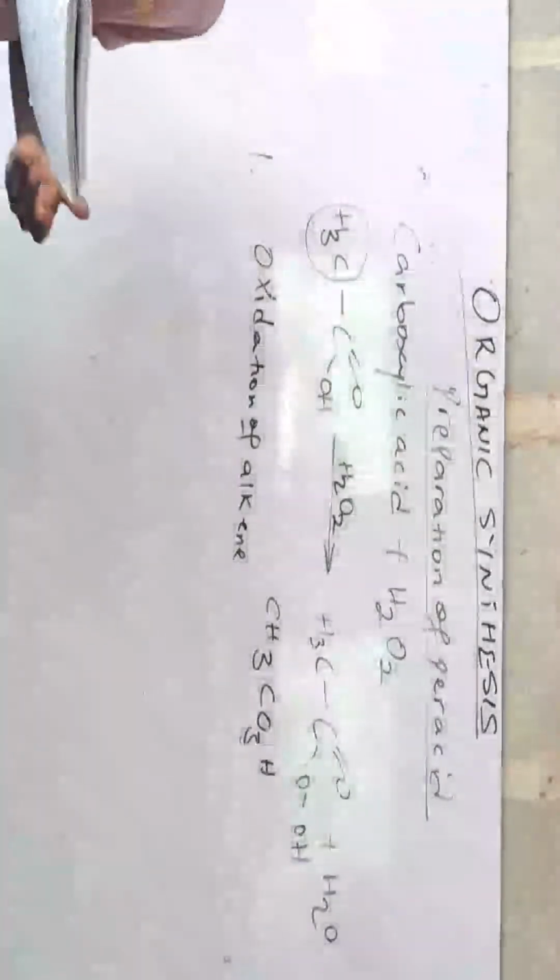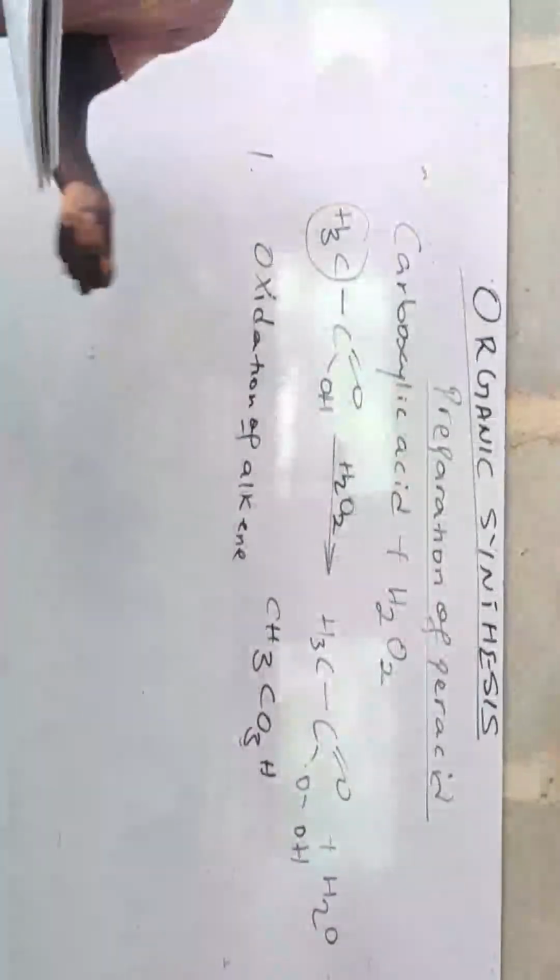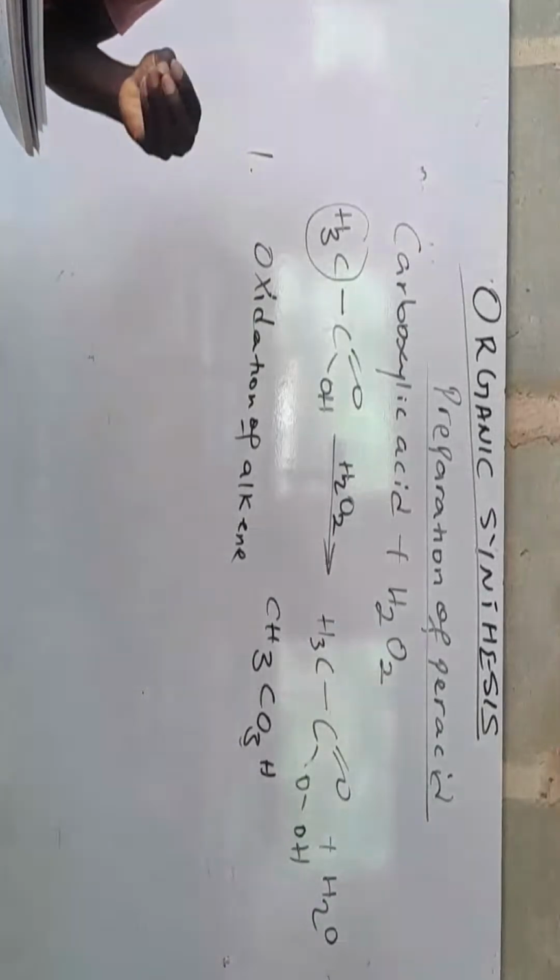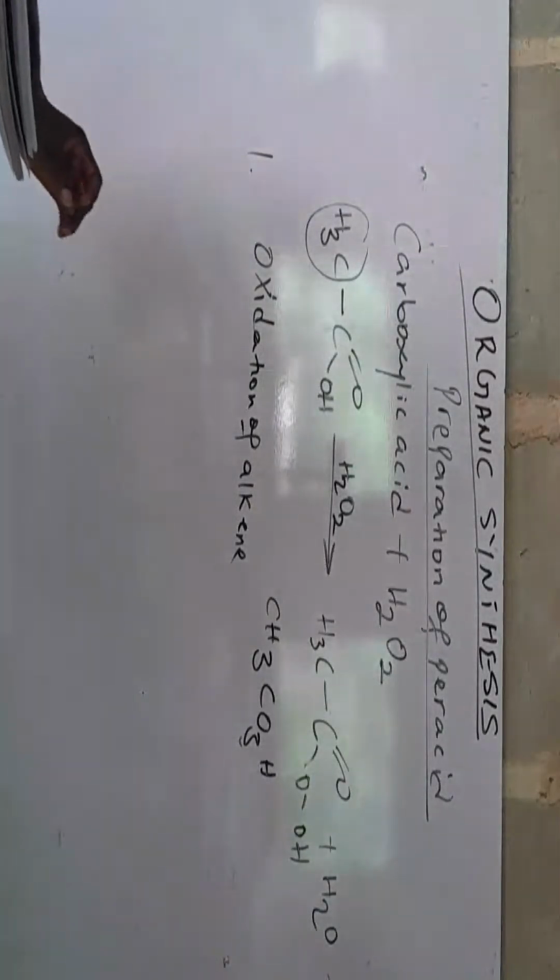In this place, we make use of what we call m-chloroperbenzoic acid as an excellent reagent for the epoxidation of alkane.